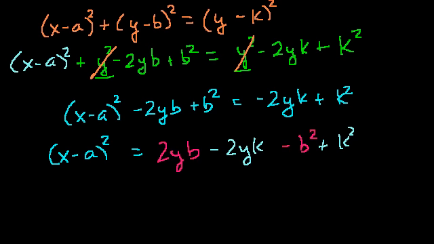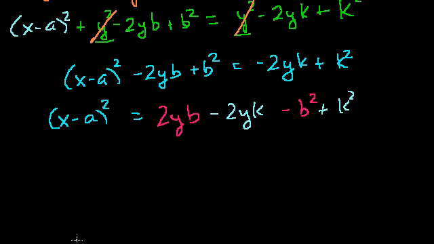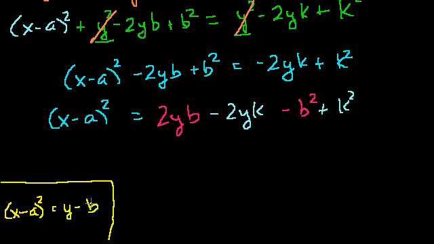And let's see if we can simplify this further. And just so you know what I'm doing this whole time, in the back of my mind, I'm trying to get it into the format that I normally associate with a parabola, and I'll do it in the corner here, just so you know where the algebra is going. I'm trying to get into a format x minus a squared is equal to y minus b. Actually, let me rewrite that because I went too far to the right.